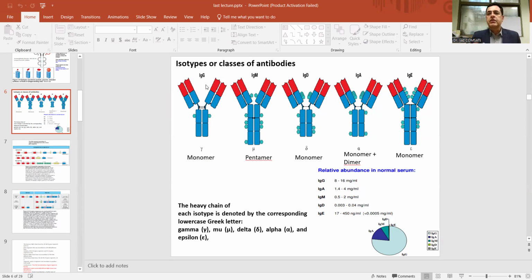why the class switching actually takes place, and what the differences are in these different types of antibodies that you see here. You can figure out by just looking at the structure of these antibodies what the differences are and how these differences are going to affect the affinity of the antibody to bind with antigens.